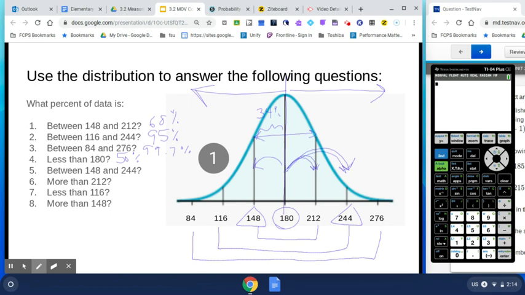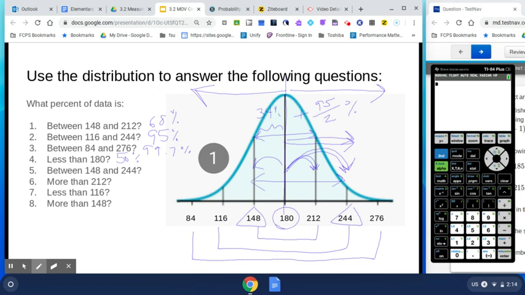So 2 standard deviations out on both sides of the mean is 95%. So again, I'm going to cut that in half. 95% divided by 2 is going to give me this right side of the distribution. Then I would simply add these 2 percentages together. So half of 68 plus half of 95, add those up, and that's going to give me that percentage.